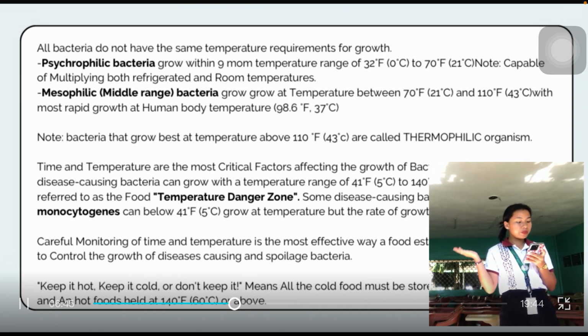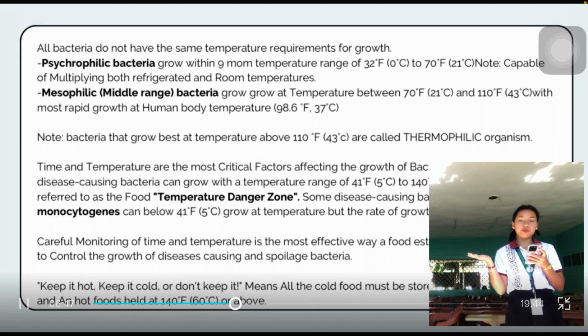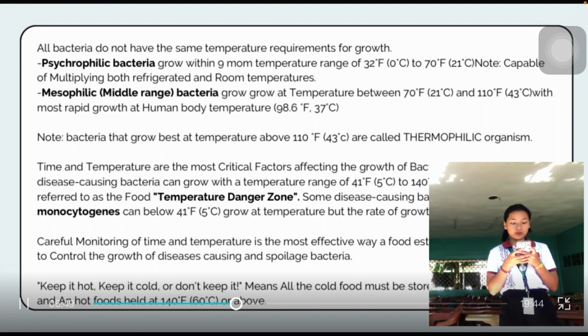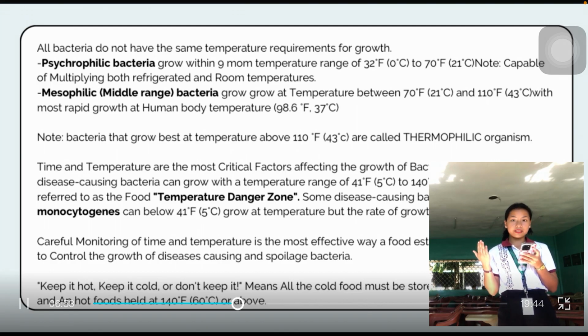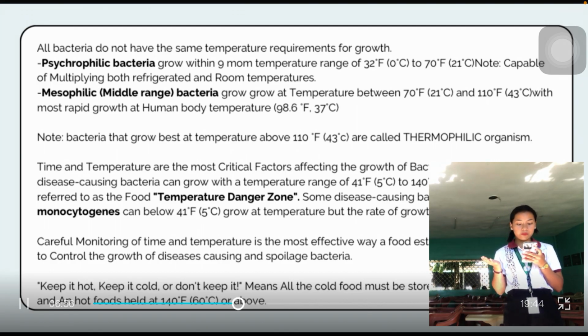Next is the mesophilic or middle range bacteria. These can grow at a temperature between 70 degrees Fahrenheit and 21 degrees Celsius and up to 110 degrees Fahrenheit and 43 degrees Celsius.